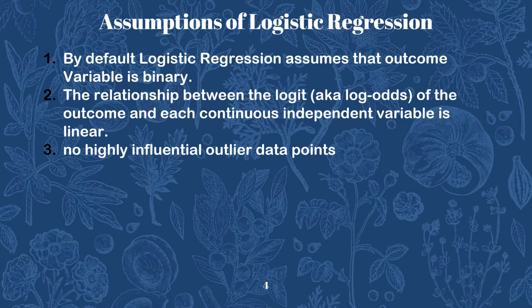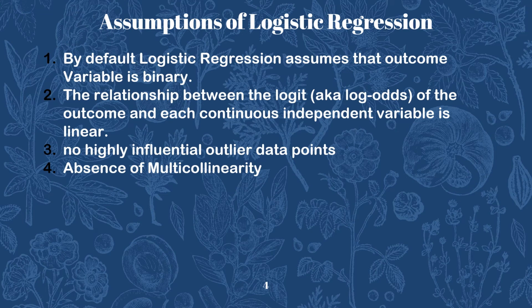Now let us look at the third assumption. No highly influential data point. So an outlier is like an exception value. It is totally different from all the data points. Now, if such outliers exist, our logistic regression will not give us appropriate results. Absence of multicollinearity.